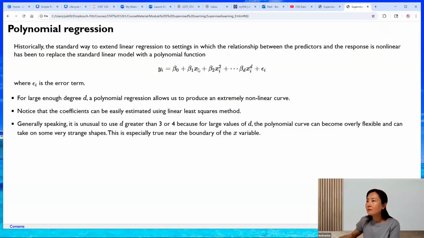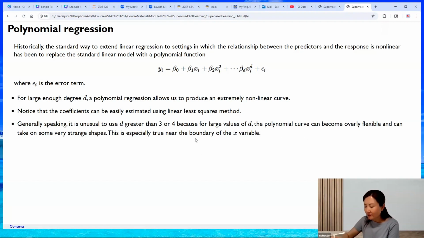We can just consider each term as an individual predictor and use multiple regression, the least squares method, to estimate these coefficients. Generally speaking, it's unusual to use very high order terms, okay? Like more than 3 or 4.